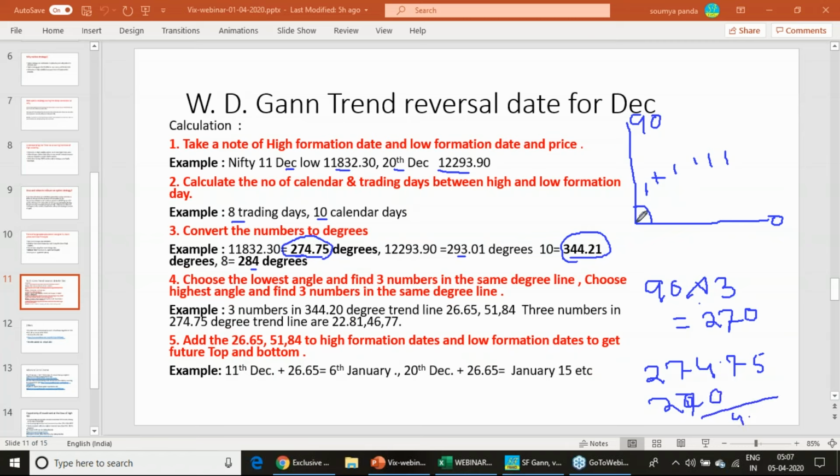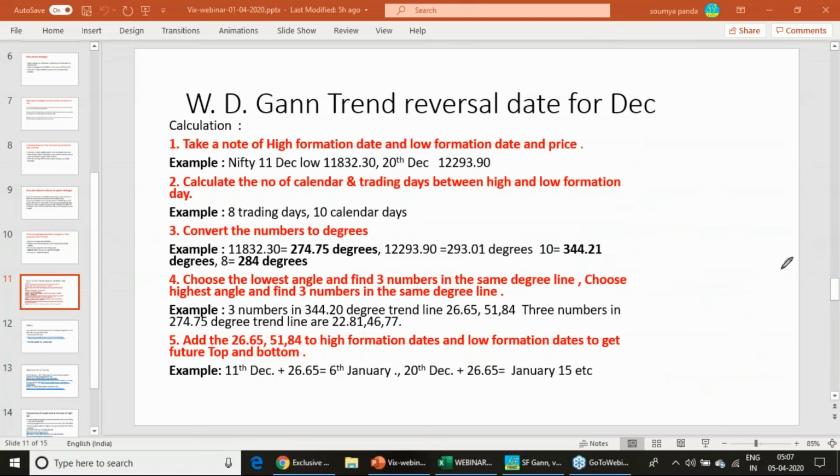So this says that if I draw a 4.75 degree trend line, it is equivalent to a 274.75 degree trend line on a graph sheet which has 0 to 90 degree presentation. I have told this only to understand the geometry; you are not going to draw any trend line.